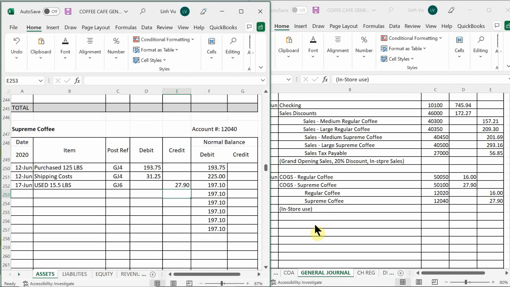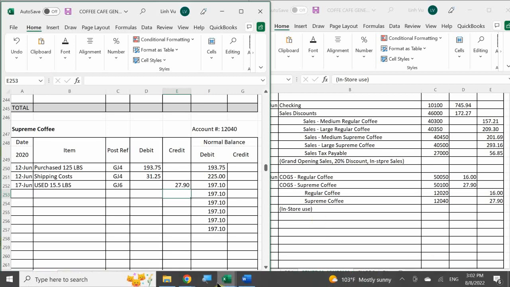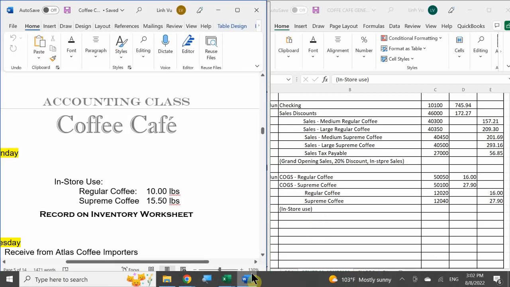So in this case, your barista opened up those bags of coffee himself, and now he's just reporting to you what is missing or what he used. So this is an internal transaction. And that's it. We took a look at inventory, we calculated how much it costs us to sell it, and we updated our inventory because we had perpetual inventory.